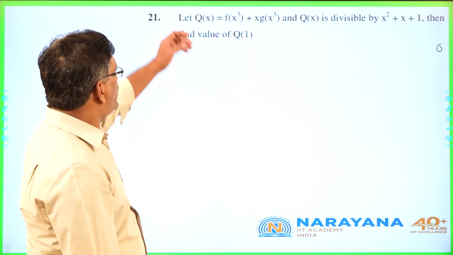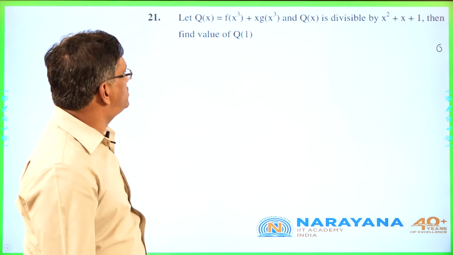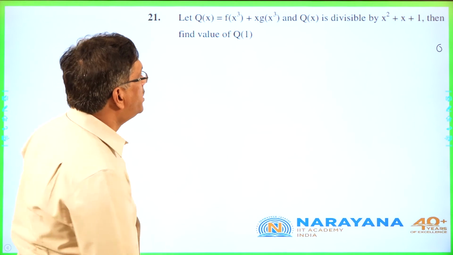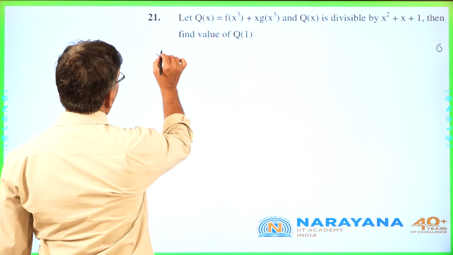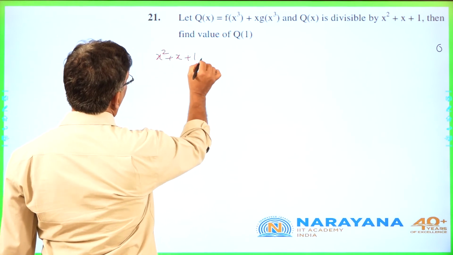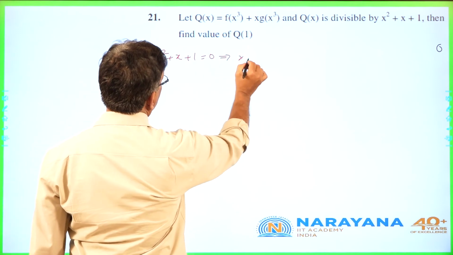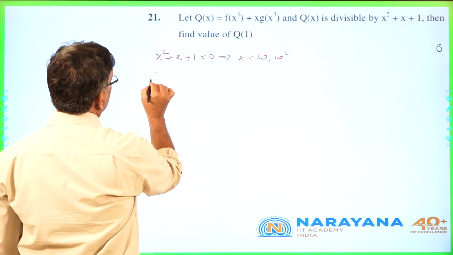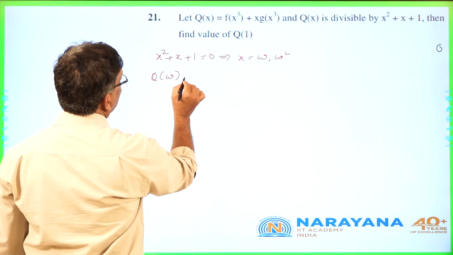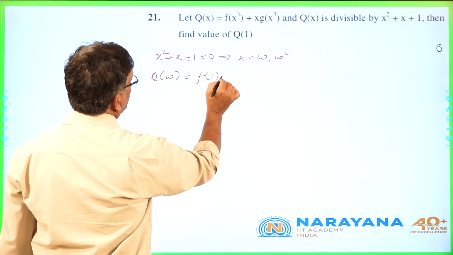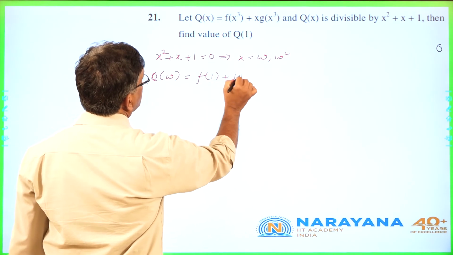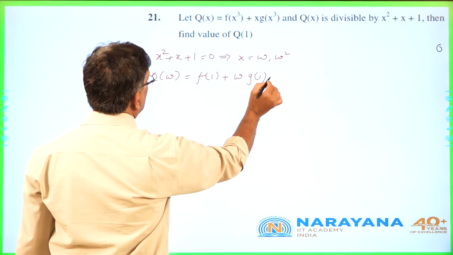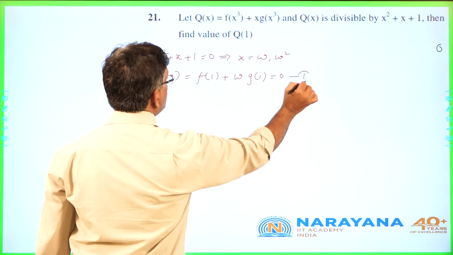21. Q of x is equal to f of x cube plus x into g of x cube. It is divisible by x square plus x plus 1 equal to 0, means x is omega, omega square. So, q of omega is f of 1 plus omega into g of 1, that is 0.